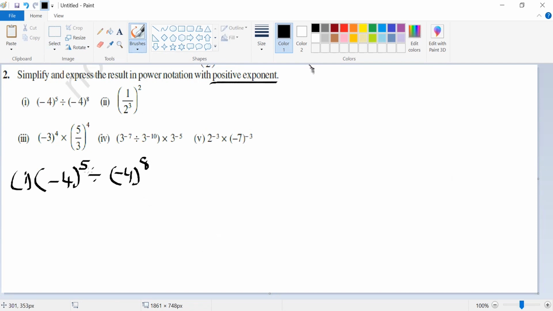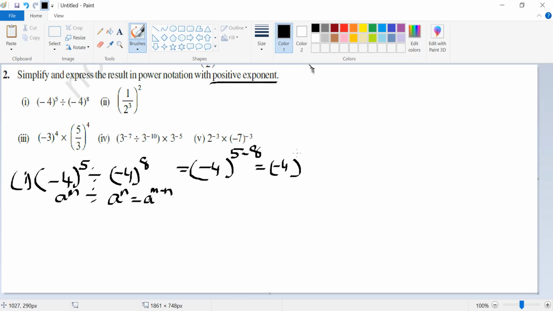Here both the powers are positive only. So this is of the form a raised to m divided by a raised to n, which is equal to a raised to m minus n. So what will come? Minus 4 raised to 5 minus 8, which will be minus 4 raised to minus 3.